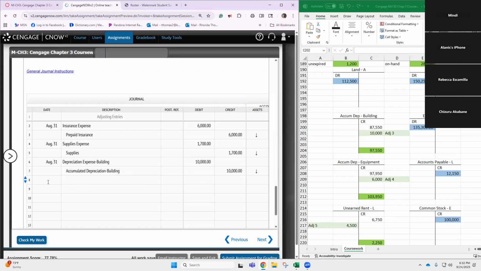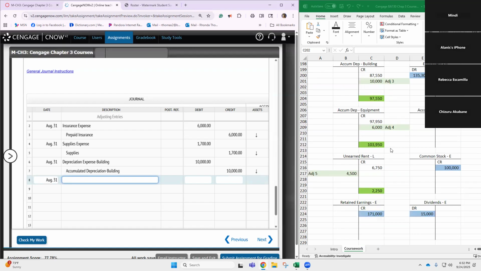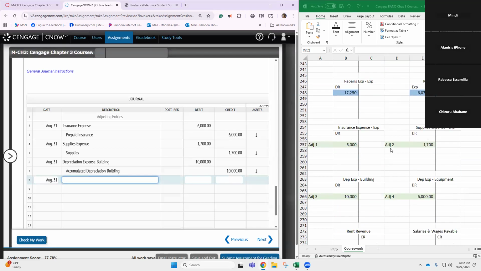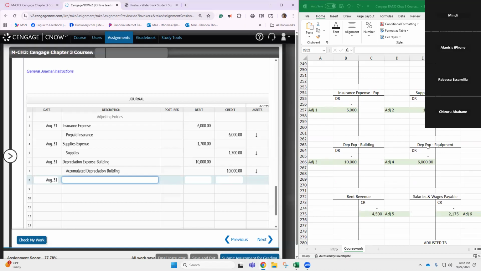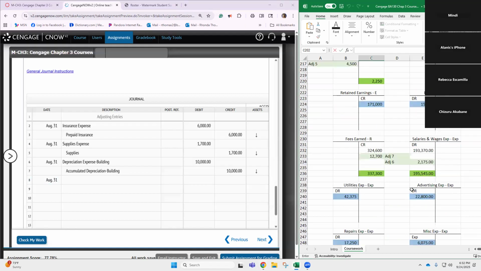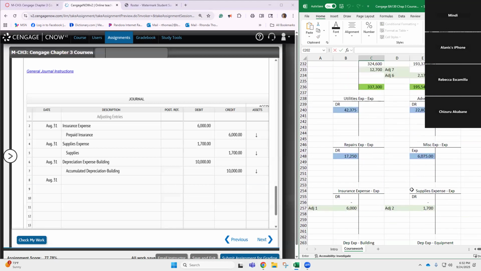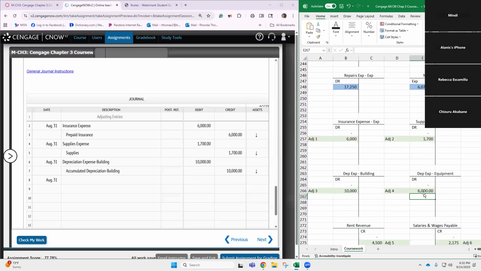We're going to turn around and do that again, but this time for depreciation for the equipment. So we want August 31st. Now we want to go to depreciation expense equipment. There it is. And they're saying that it is, now I got to find it, 6,000. Yep, okay, same as last time, that's good. 6,000, thank you. So we're gonna debit that expense account.